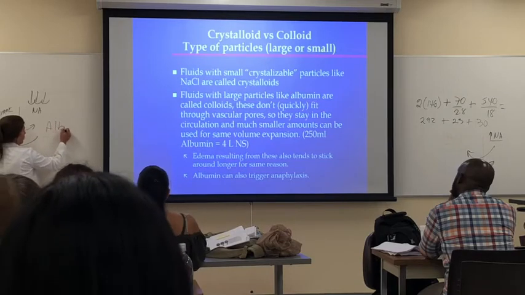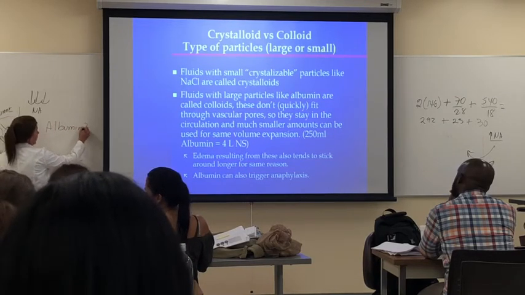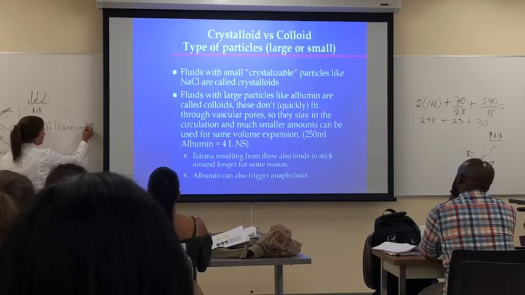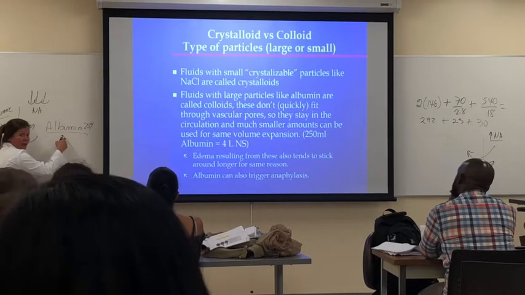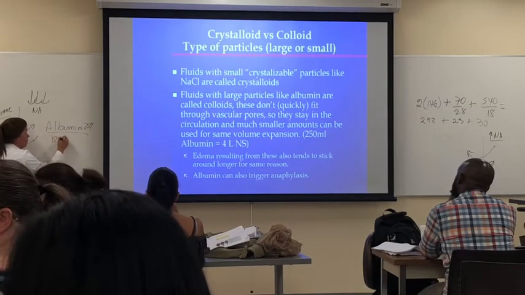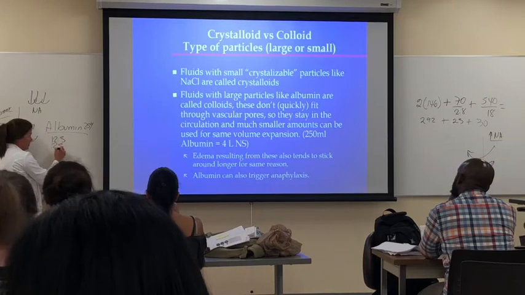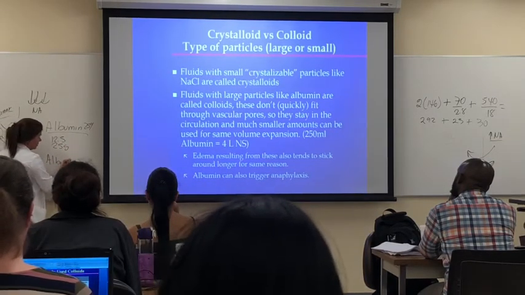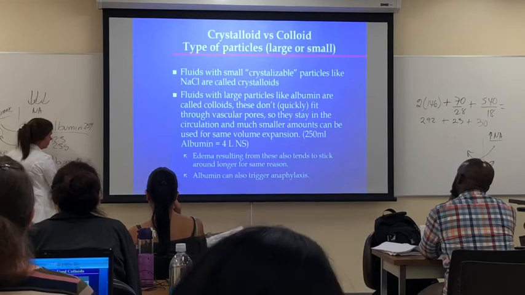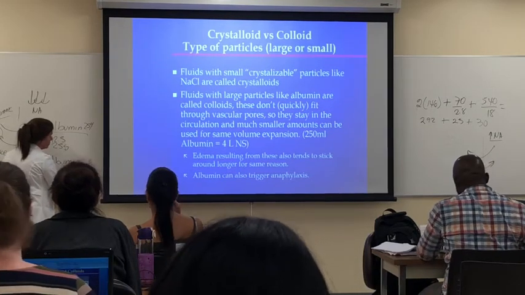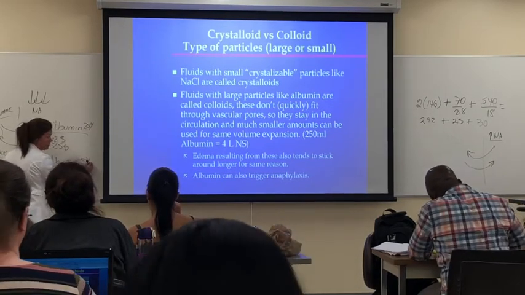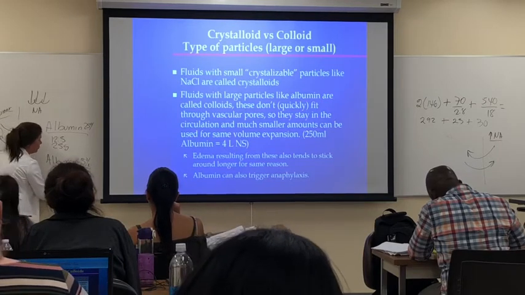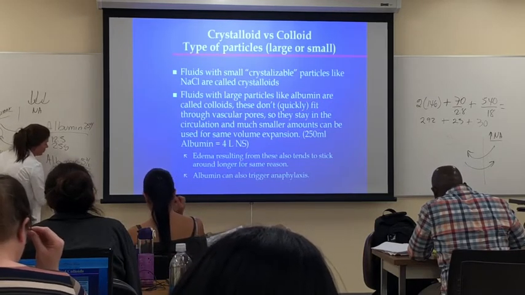There's albumin 25%, and the albumin 25% comes in 12.5 grams and 25 grams. Then the albumin 5% comes in 12.5 grams and 25 grams.